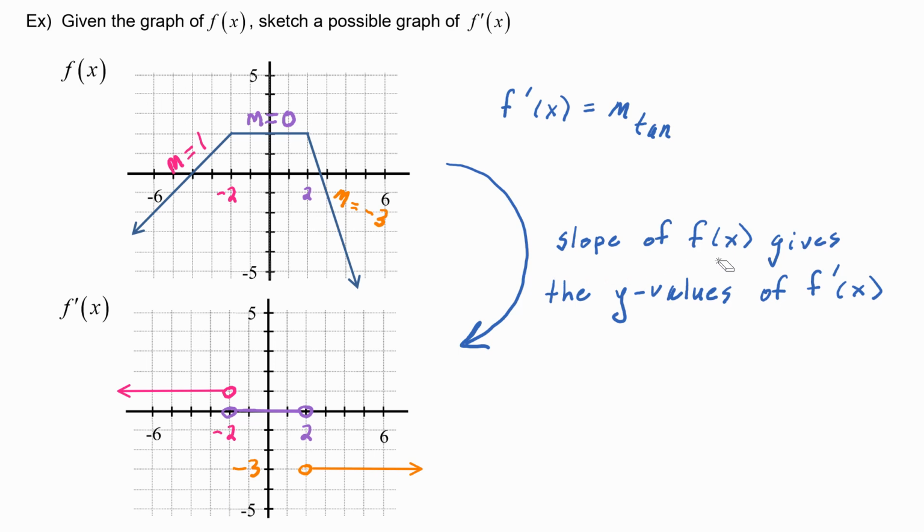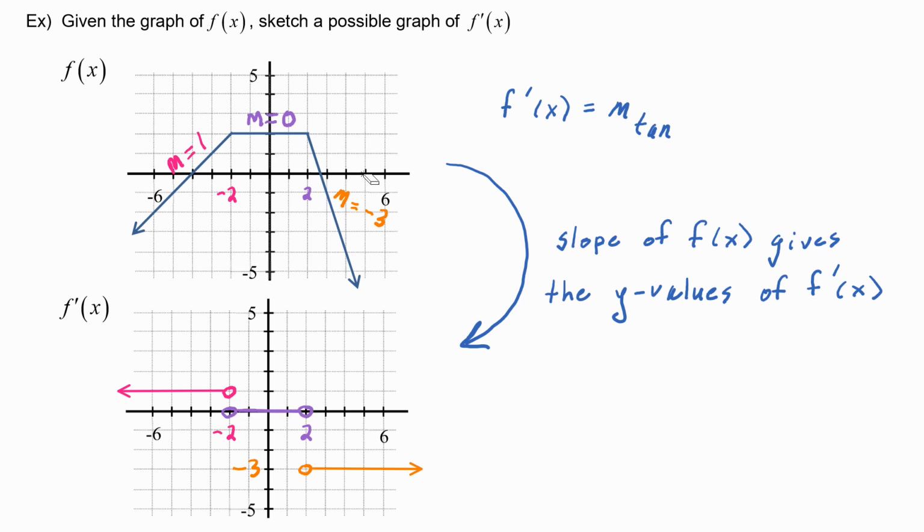So from the slopes of f of x, we got the y values of f prime. From negative infinity until negative 2, the slope was 1. That's why the y value here was 1. From negative 2 to positive 2, the slope of f was 0. That's why the y values of f prime were 0.